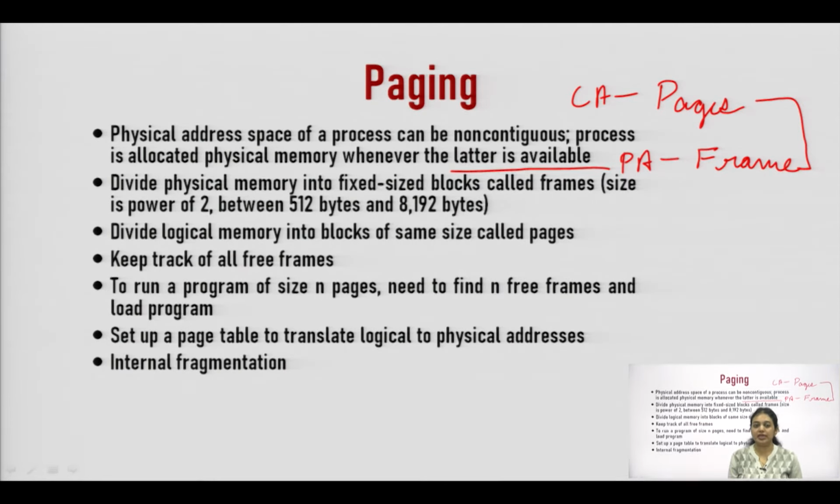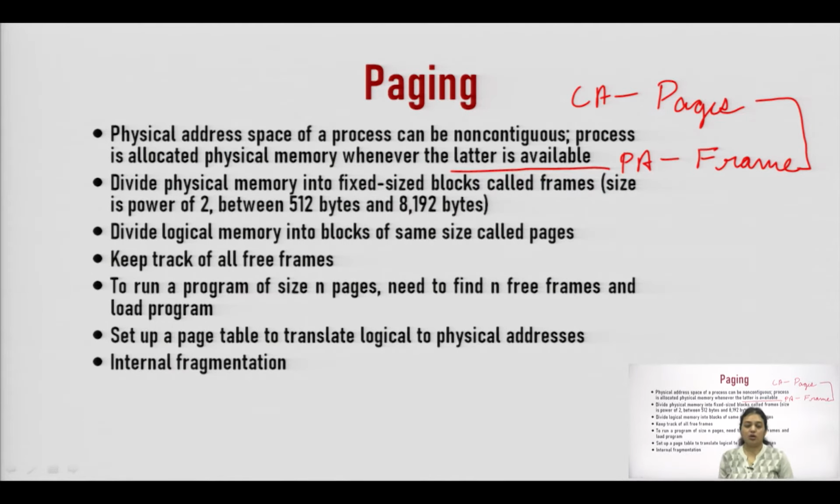So, we need to keep track of all the free frames that are available, because only when we have free frames available can we place one page into one frame. So, to run a program of size n pages, we need to find n free frames and load the program.